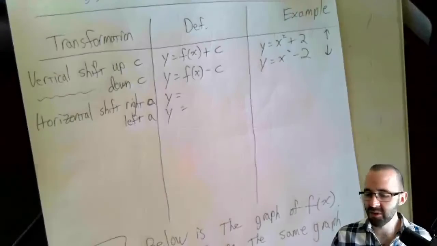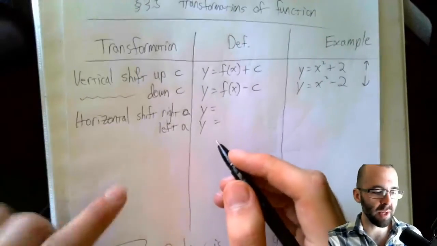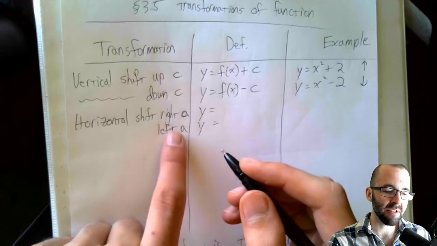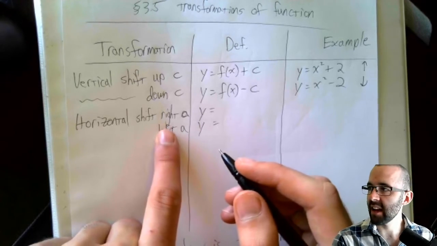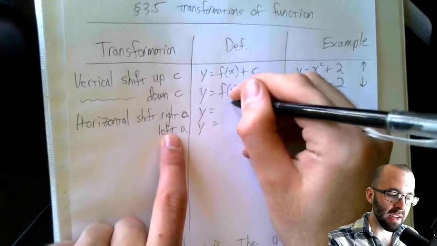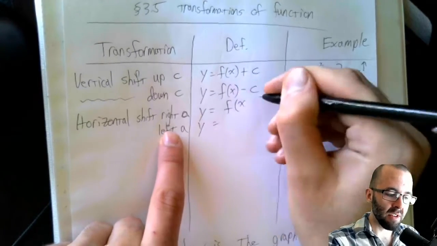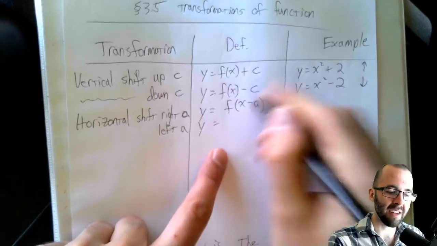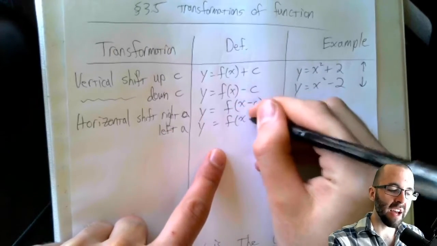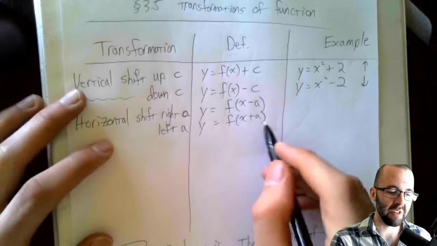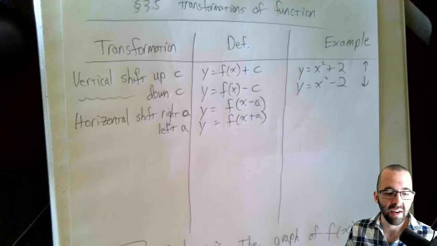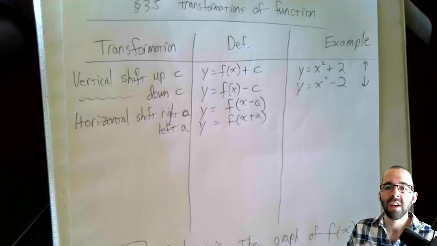So let's write that down. Let's fill in our table of transformations. If we add something on the inside, it goes to the left. If we subtract something on the inside, it goes to the right. So the way that we write that is f of x minus a is going to move it to the right a units. If we have f of x plus a, that's going to move it to the left a units. Again, it's going to be a big theme of this section.